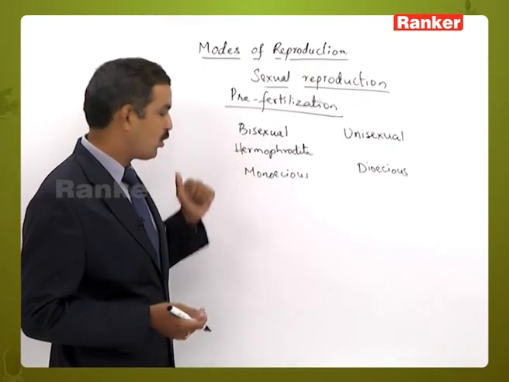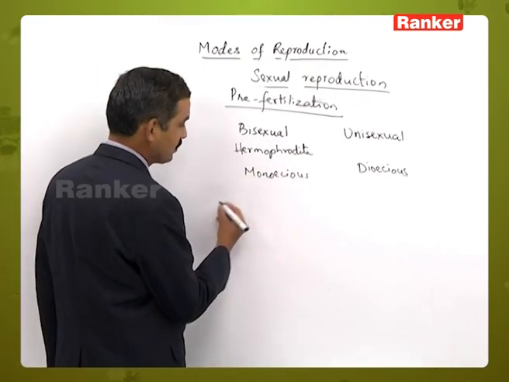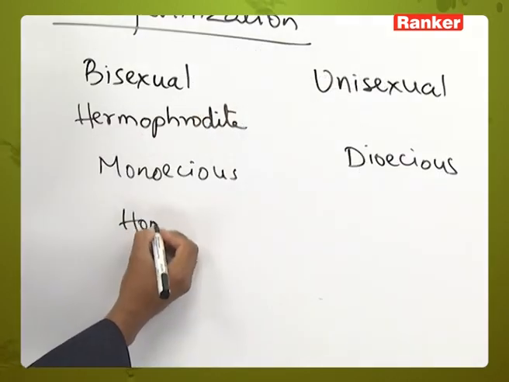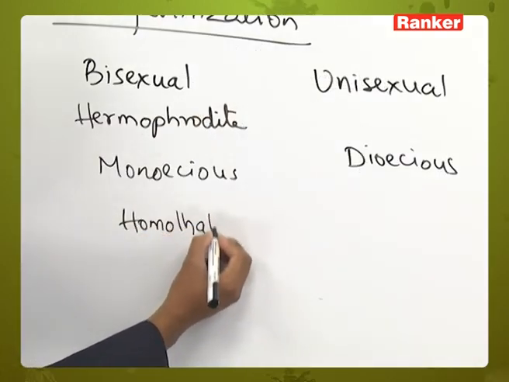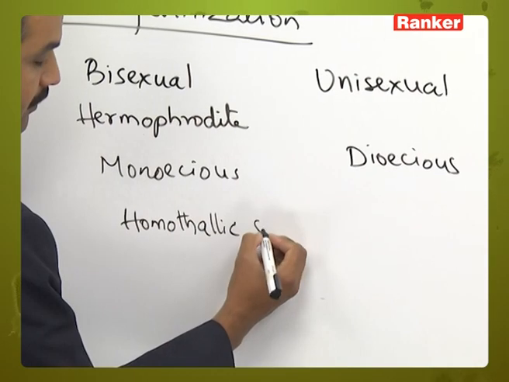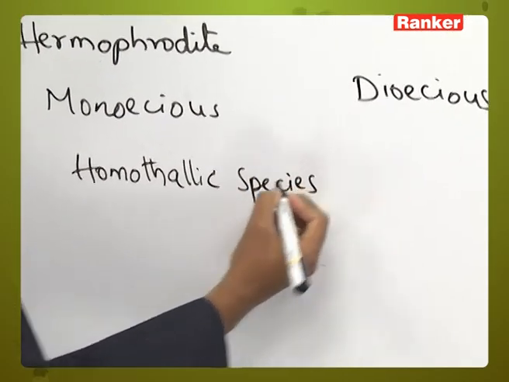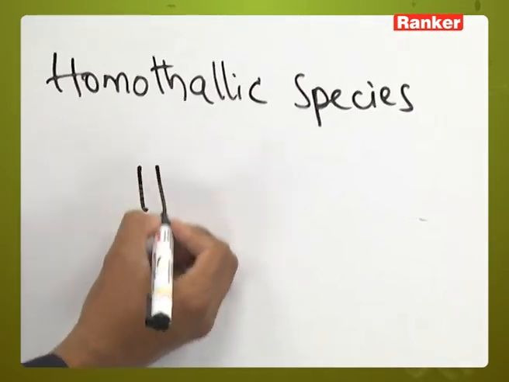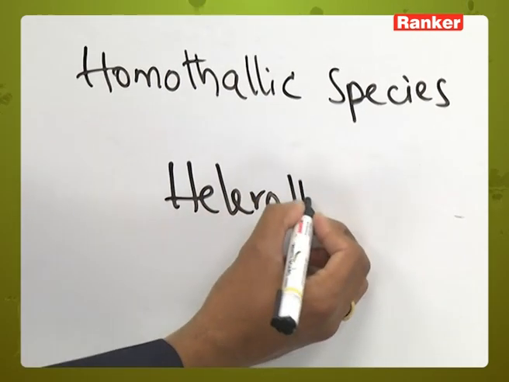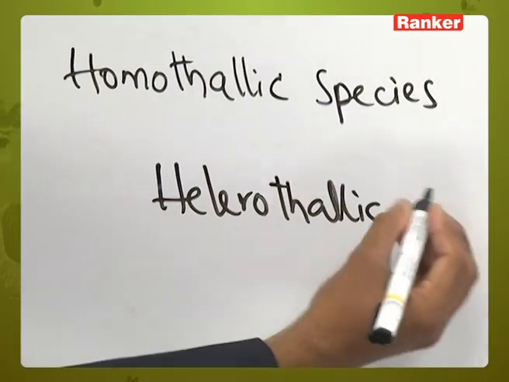But when it comes to the lower plants like fungi, here we have homothallism, or homothallic species, and heterothallism, or heterothallic species.